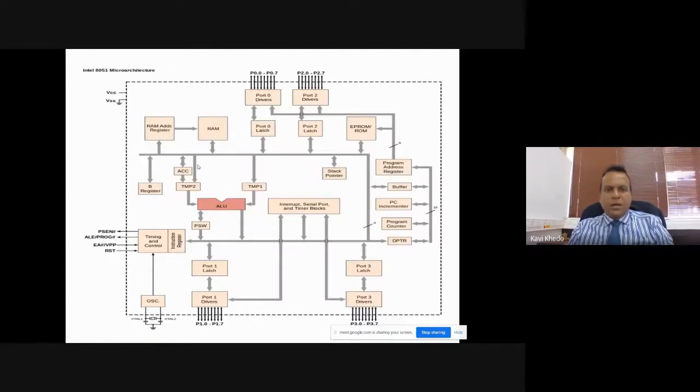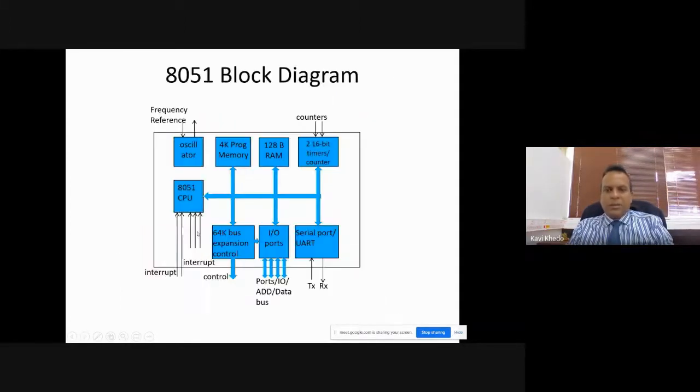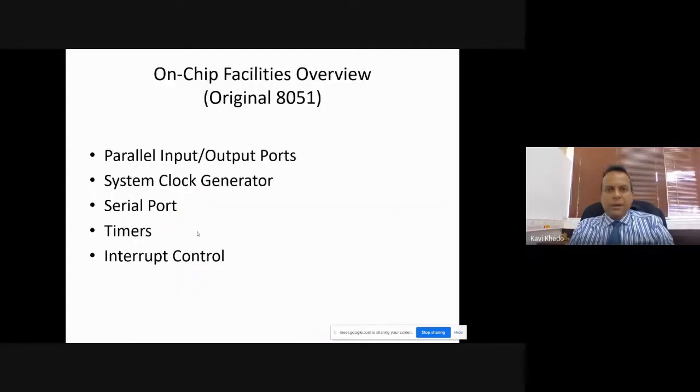This is a more detailed diagram for this microcontroller here. So you see the different ports. You see ALU. It stands for arithmetic logic unit. This is where most of your computation is done. On this side you see the RAM, on this side you see the ROM. This is just a more detailed representation of this block diagram.